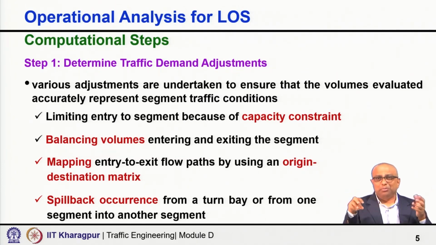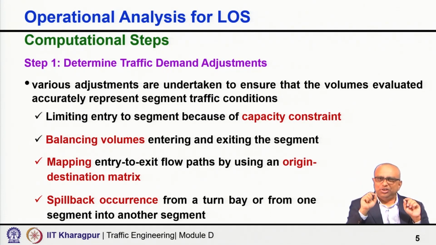Apart from that, there is the major through corridor with an entry in the beginning and an exit in the end, but there could be other entries and exits in between, and the overall traffic needs to be representative of that section.